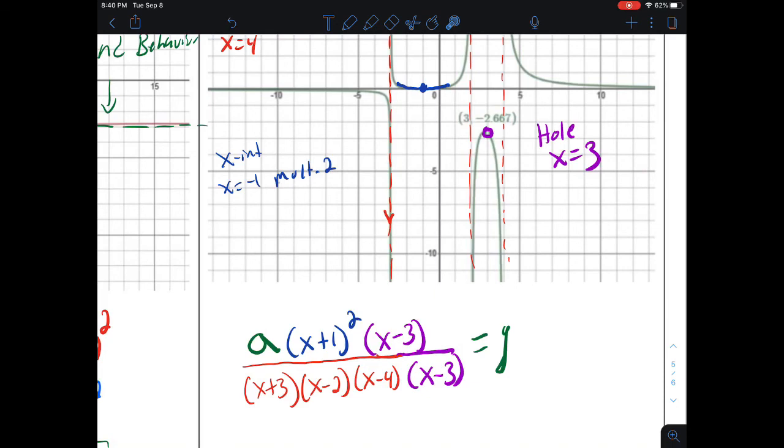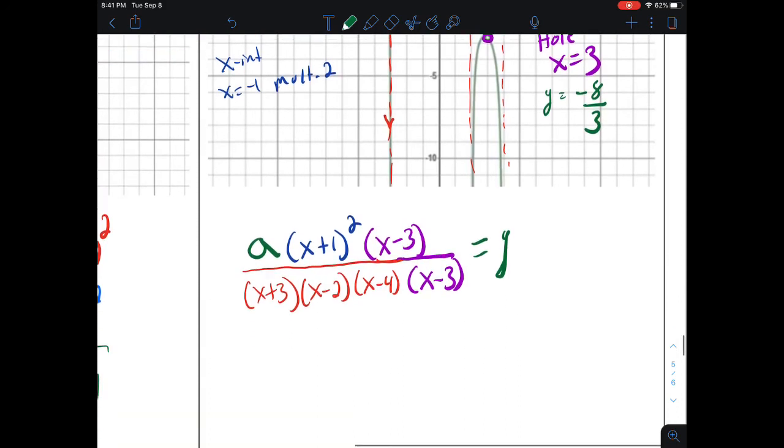So I have x to the third divided by x to the fourth. Bottom heavy makes y equals 0. So we have to determine a based on the fact that I have a hole that has a y value of -2 and 2/3, which is -8/3.